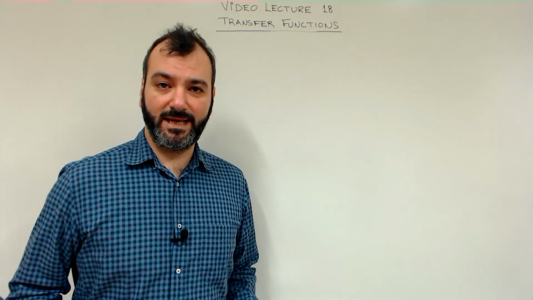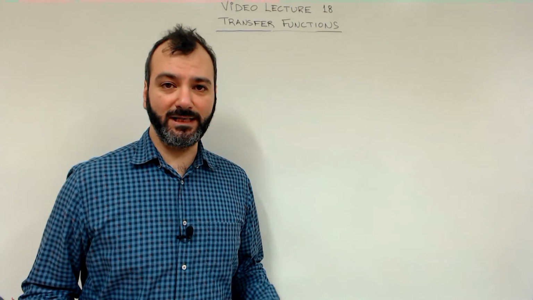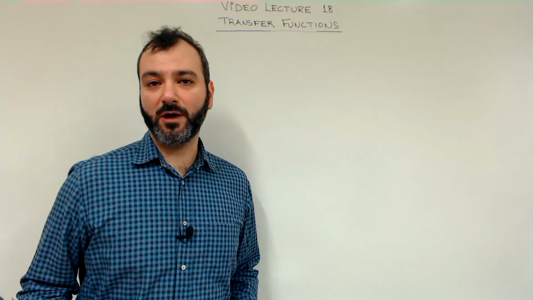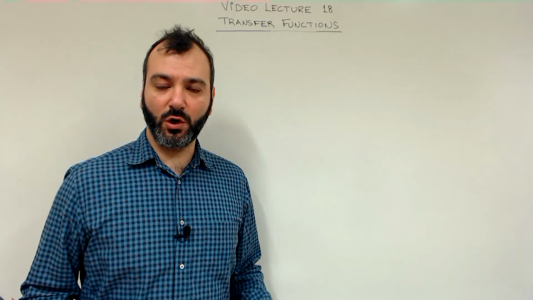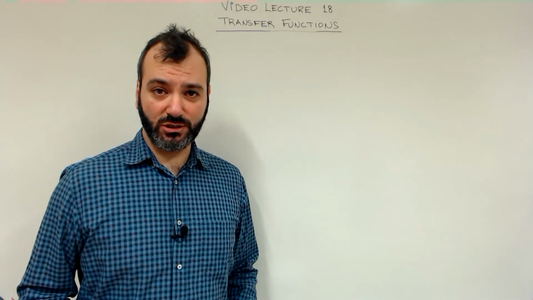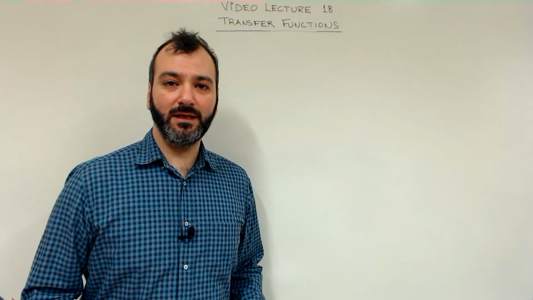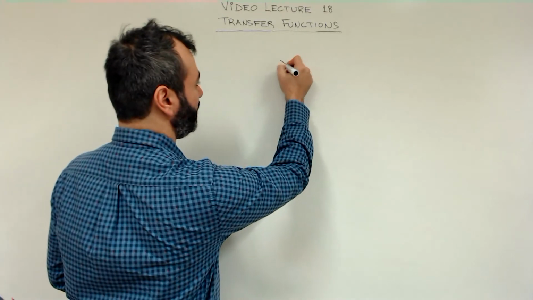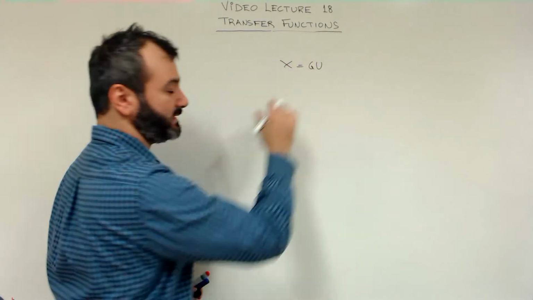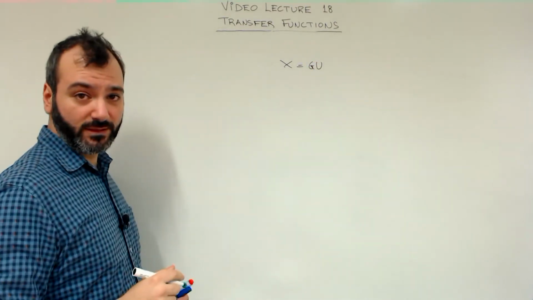So we are saying that the input-output dynamic relationship of a linear dynamical system that is described either by a linear ODE or a linear IDE with 0 initial conditions can be described nicely and neatly and simply using such an easy equation: X equals G times U, where G is the transfer function of the dynamical system.